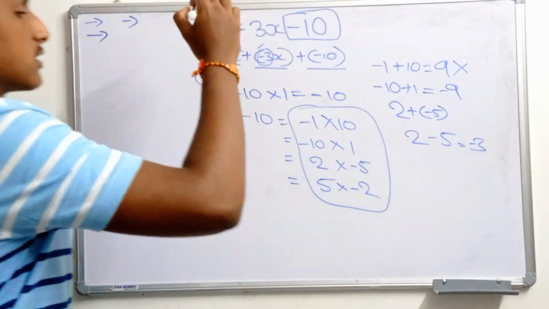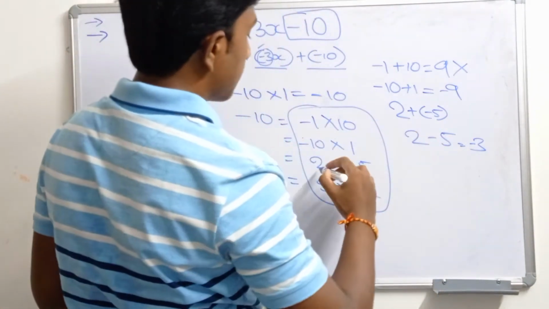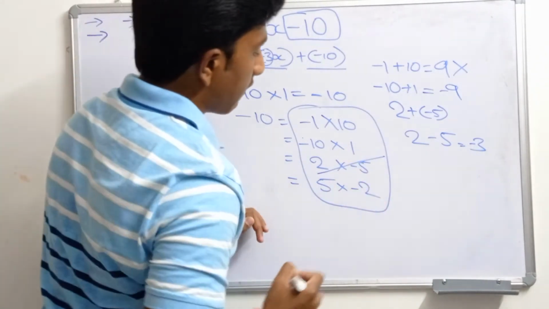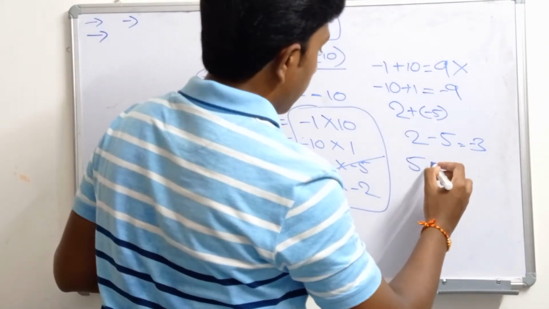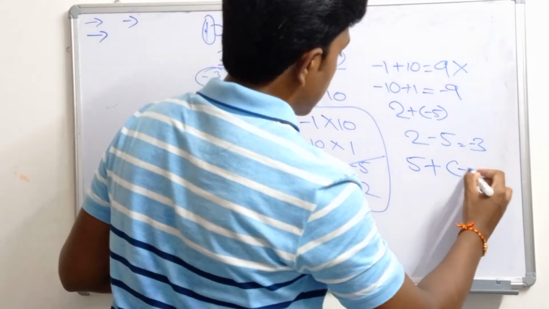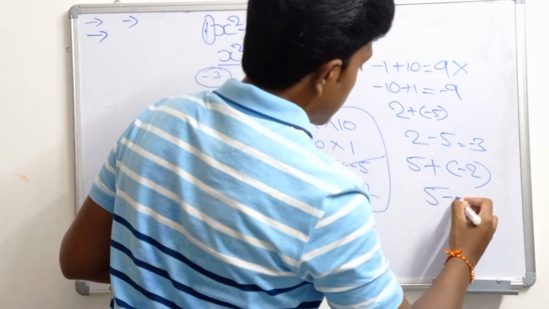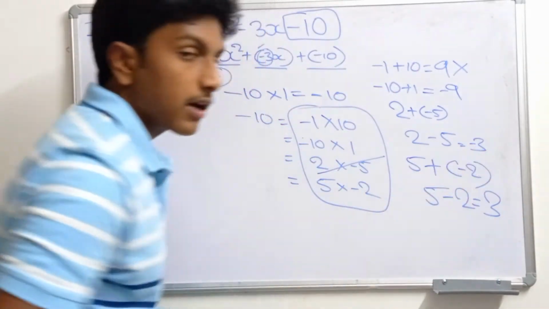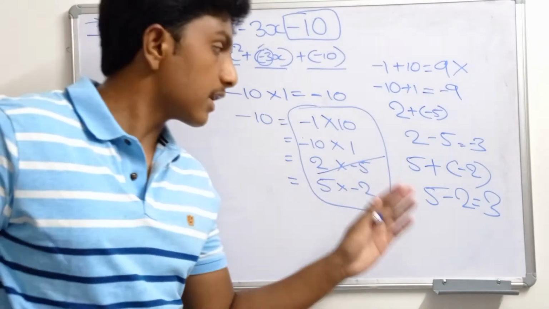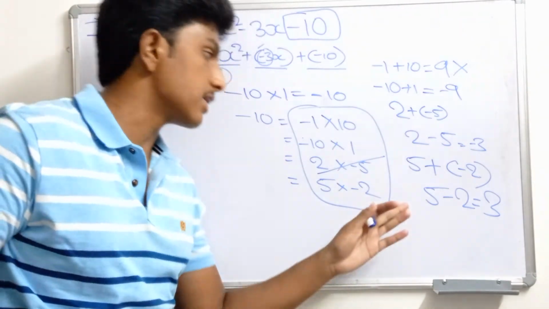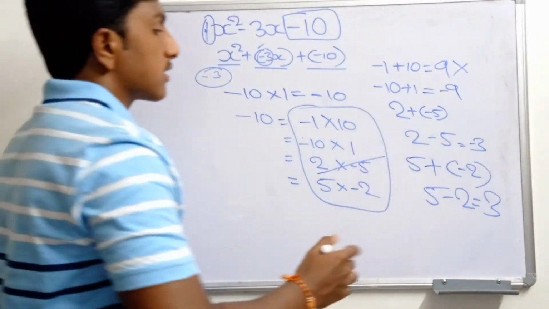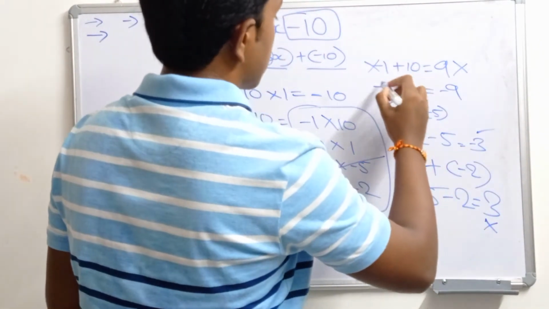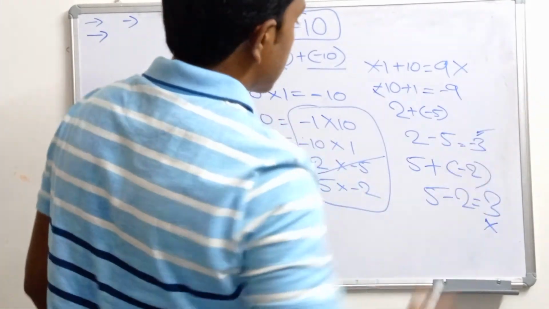We have the same minus 3, so we can take this pair, 2 into minus 5. Then again 5 and minus 2: 5 plus minus 2 means 5 minus 2 is equal to 3, guys. So signs are also important. I have said the signs are really important while solving this kind of question. So the other three options are wrong, and we can go with minus 3.